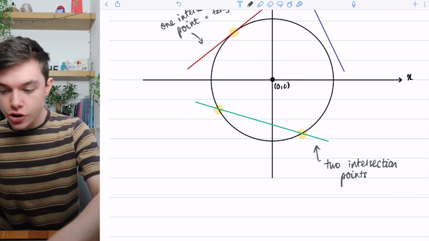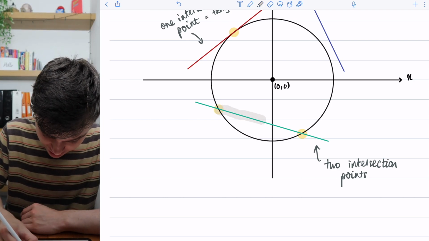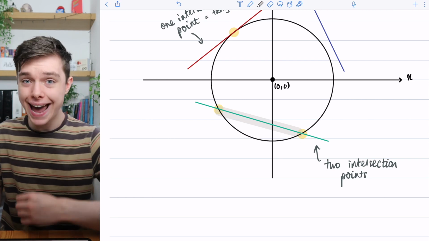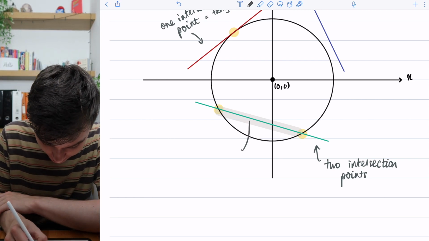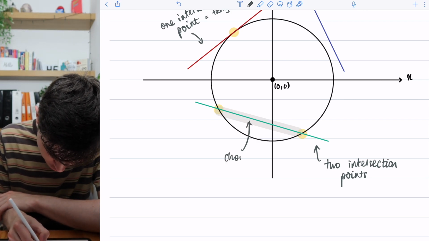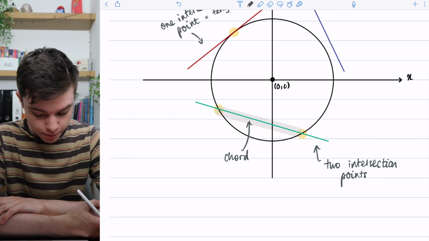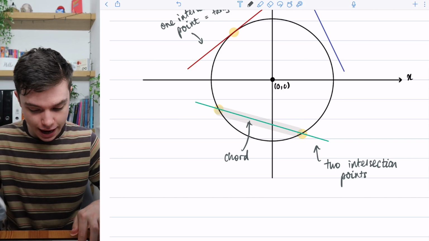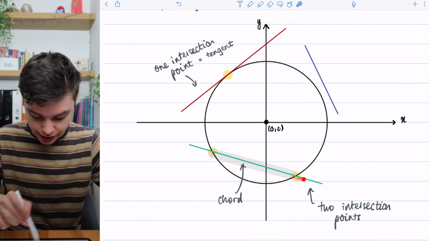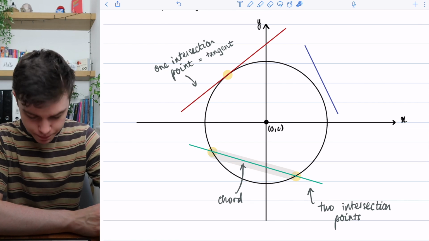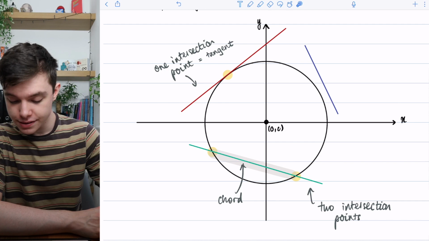If we just look at the part of the line connecting those two intersection points together, that part is called the chord. That's just a little bit of extra information for you. Here we had one intersection point that made a tangent. The green line has two intersection points.